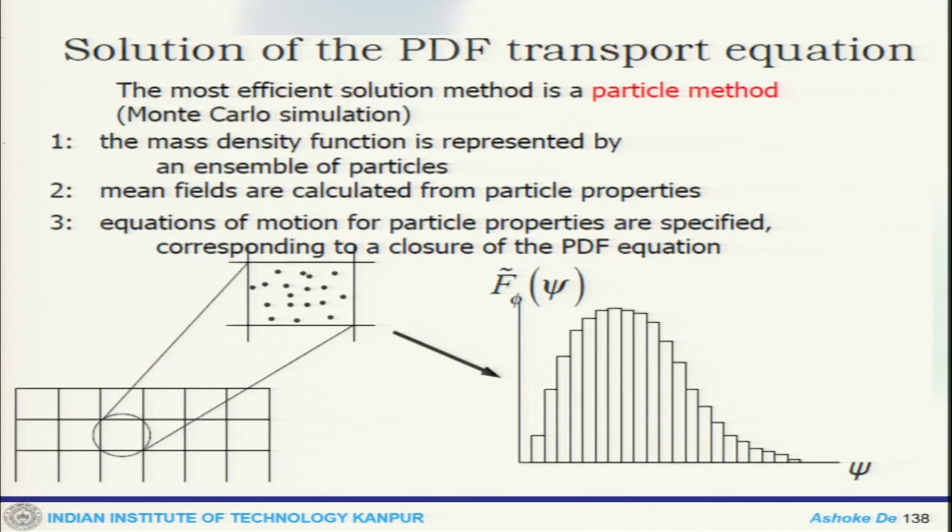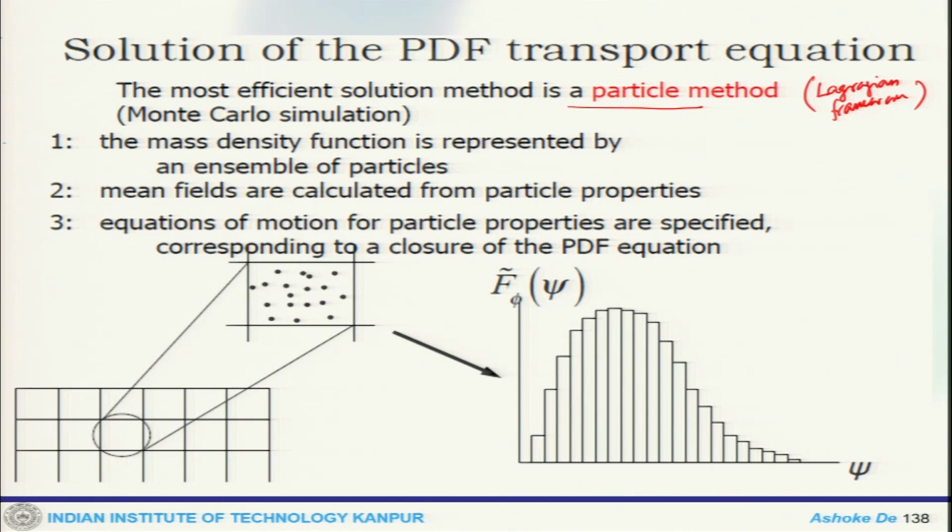Now, we can look at the solution procedure of the PDF transport equation, and as we have already discussed, the most efficient method would be a particle based method, the Monte Carlo solution. That means you need a Lagrangian framework to solve it, because the dimensionality of the probability density function transport equation is so high, one cannot solve it with regular numerical methods like finite difference or finite volume.